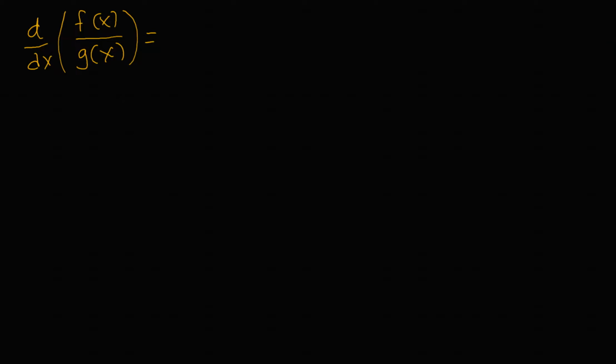Is it just the derivative of the numerator divided by the derivative of the denominator? And the answer is no. We already saw that in the product rule, right? The derivative of a product is not the product of the derivatives.